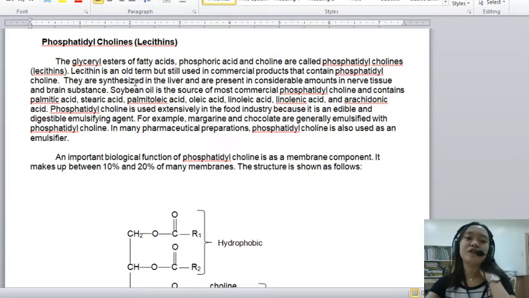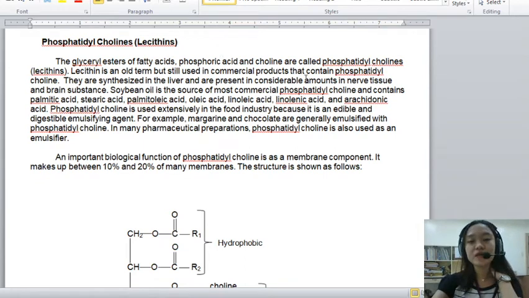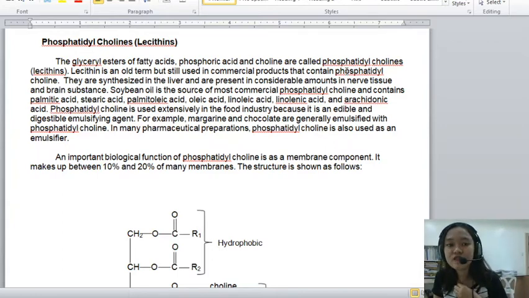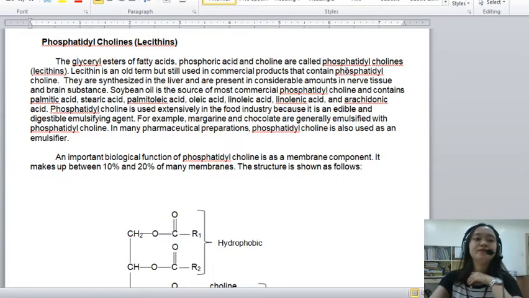Okay, so your lecithins can be found inside the body, in considerable amounts in the nerve tissue and brain substances, and they can also be commercially produced. One source of them is soybean oil.